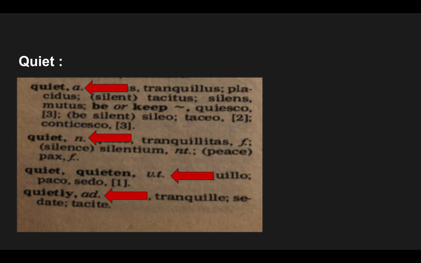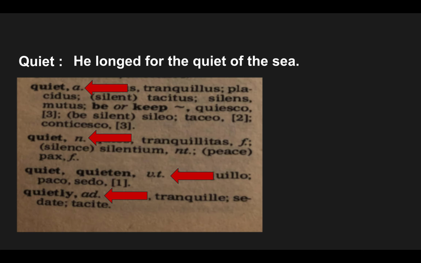So if I was trying to put it in a sentence like, he longed for the quiet of the sea, in this scenario I'm actually using quiet as a noun. So this limits me down to the one form that I have here of quiet as a noun. My options are quies and tranquilitas.